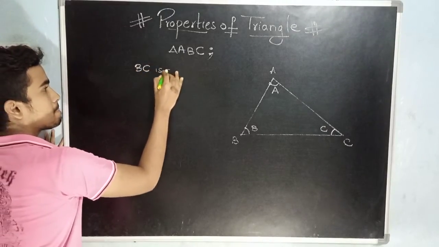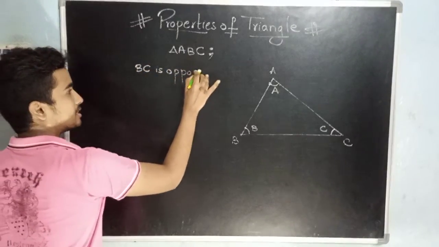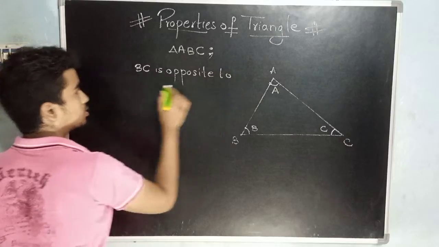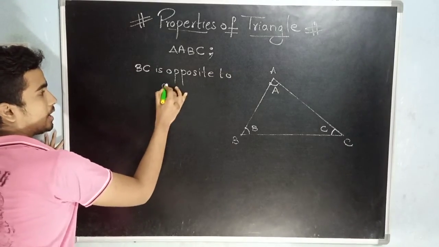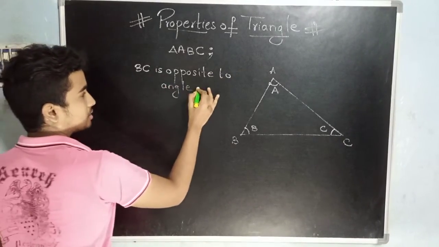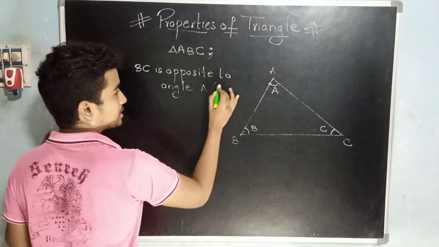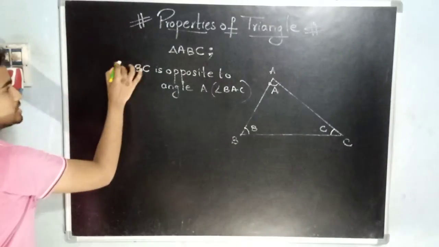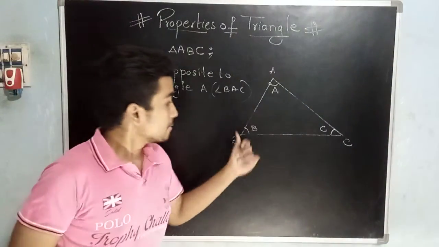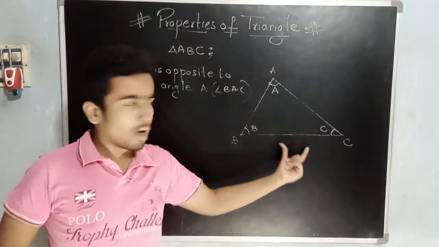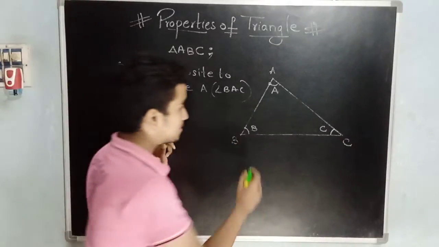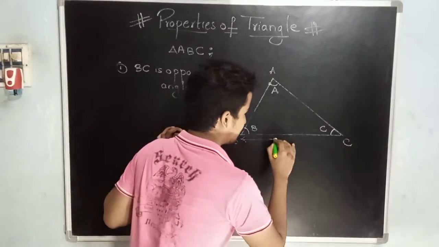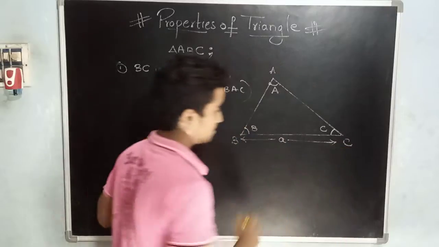Opposite to angle A there is a side, BC. BC is opposite to angle A, that is angle BAC. As this side is opposite to this angle, let me call this side small a.